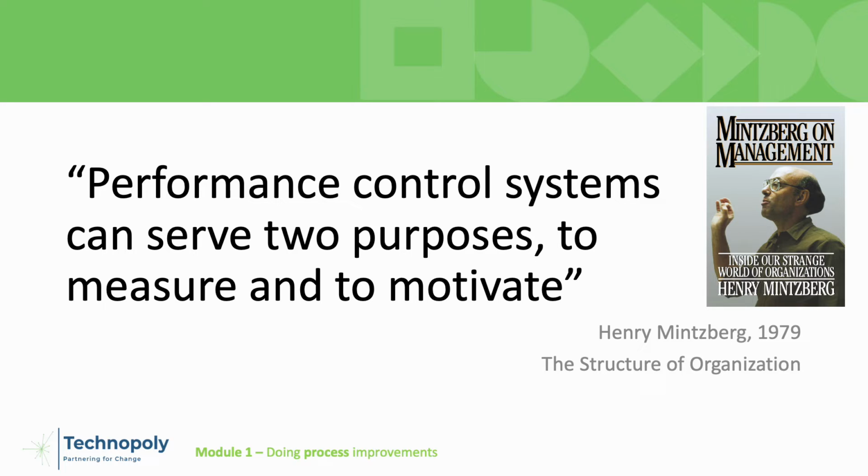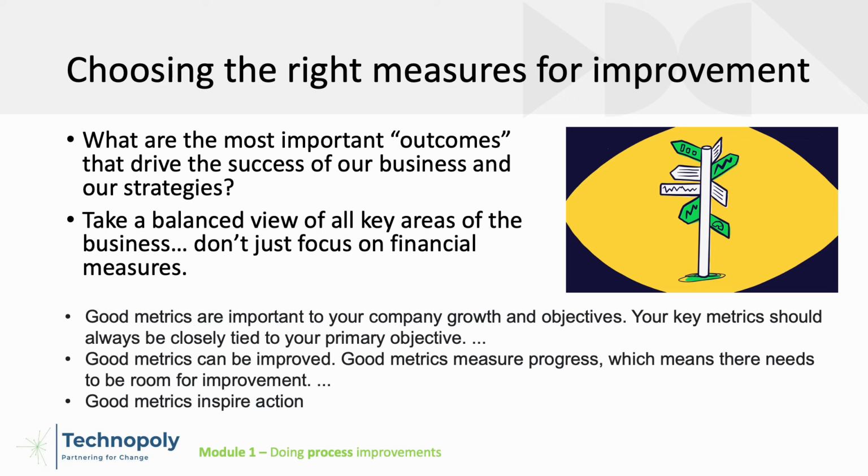The famous Henry Mintzberg mentioned, performance control systems can serve two purposes: to measure and to motivate. When we talk about measuring the performance of our improvement, we put it in the context of how it can motivate us to pursue the improvement. Before starting your improvement cycle, it is important for you and your team to consider the right measure.